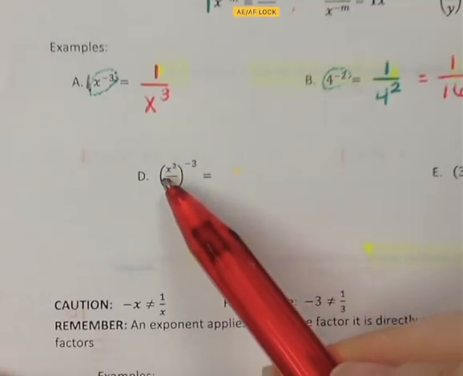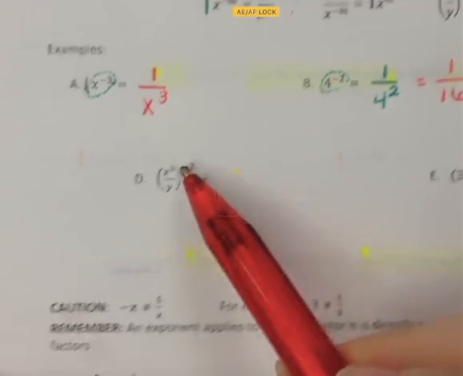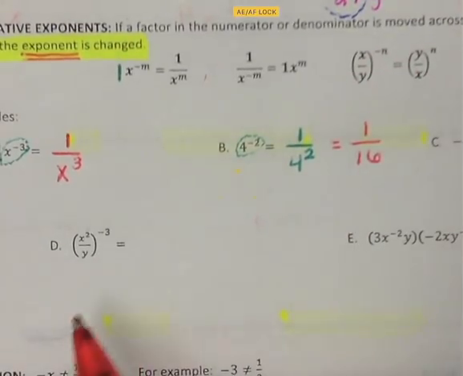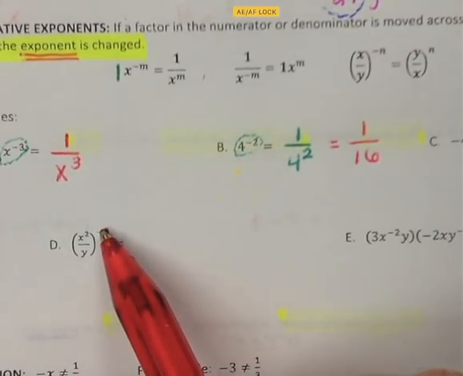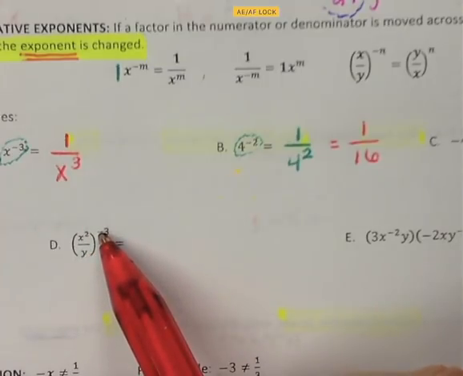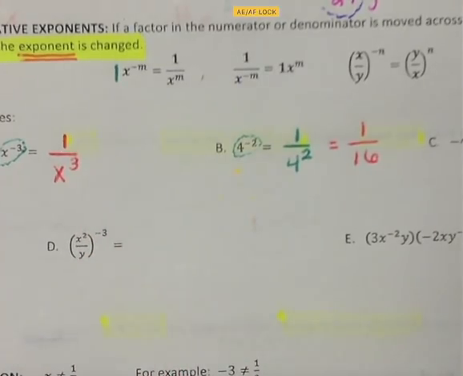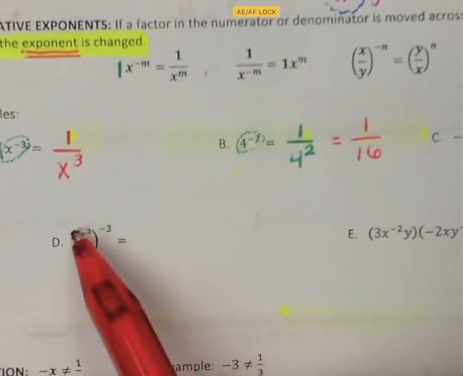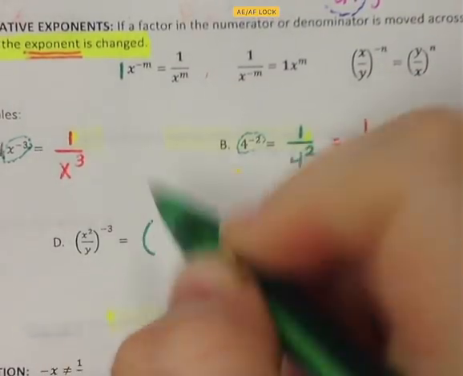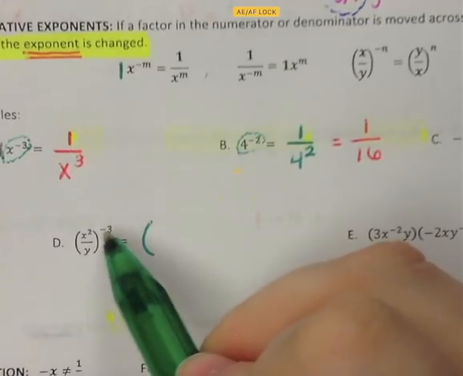Moving to example D, we have x squared over y, all of that raised to the negative third. This is that example I was talking about up here, that you can do it separately. You can actually multiply your exponents to each other, so 2 times negative 3 and then 1 times negative 3, and then flip them accordingly. However, because this is all in one thing, I can actually go ahead and flip them because everything's going to be having to move anyway.